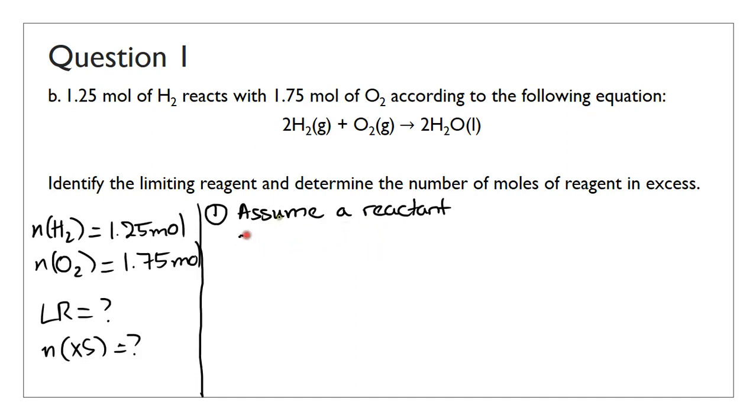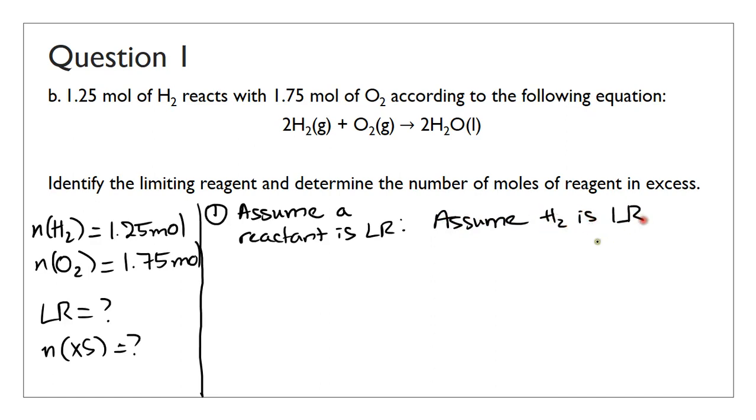Let's just do it one step at a time. Not that I know what the answer is supposed to be, but I'm just going to assume that H2 is limiting. So assume H2 is the limiting reagent.